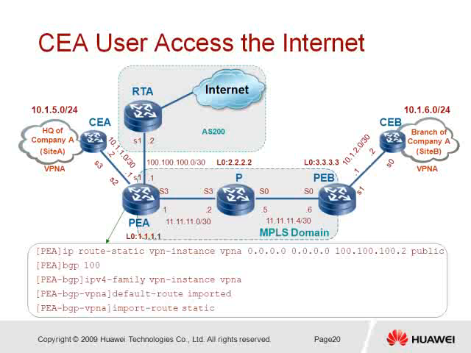After the configurations, CEA will originate a BGP default route whose next hop is PEA. Then CEA can forward the packet to the Internet, passing through PEA.